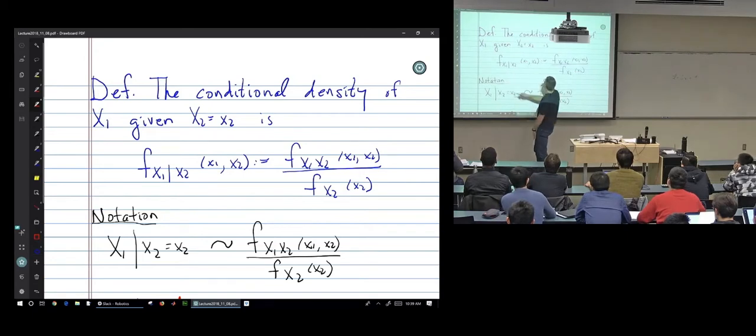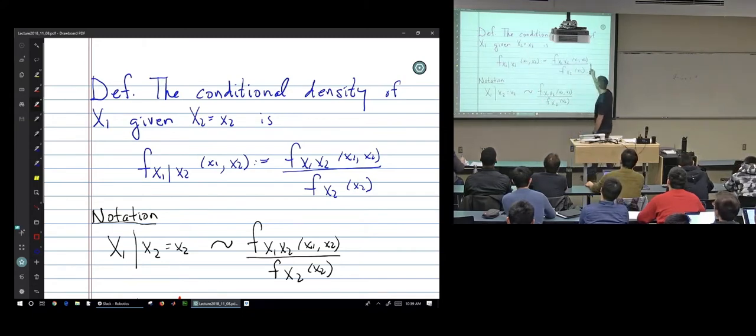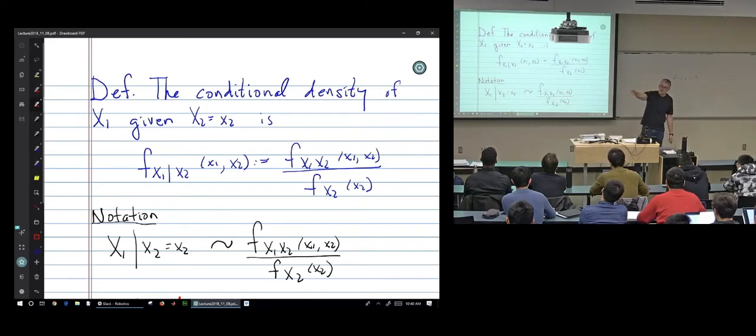So we define the conditional density of x1 given x2 equals x2 as the joint over the marginal, where the x2 value is this one. If you put a bar here, that makes it more clear that x2 is a number that I got out of my LiDAR or camera or encoder. I hope that helps, okay?